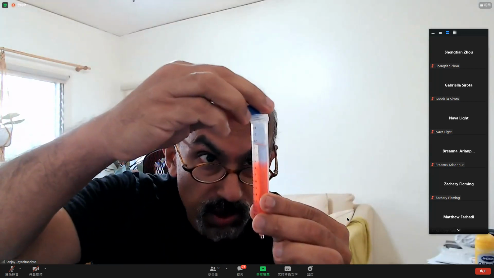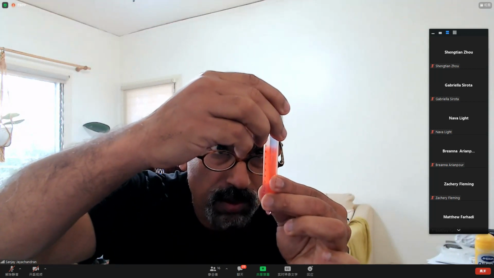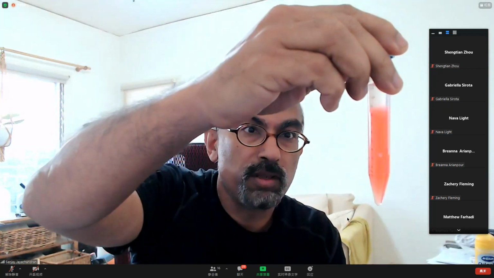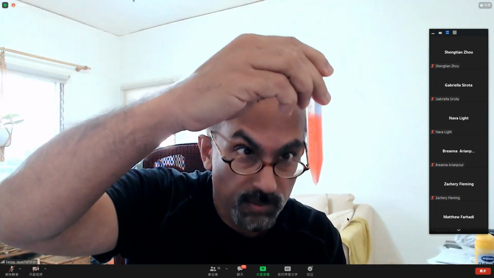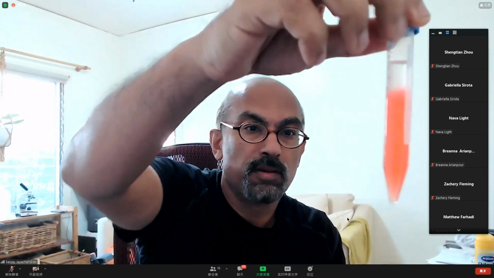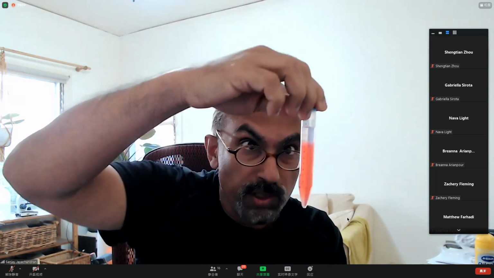Okay, and you'll see some clumps in there. Those clumps are your DNA, basically. So when you add the alcohol with your last step, you'll see clumps of DNA.